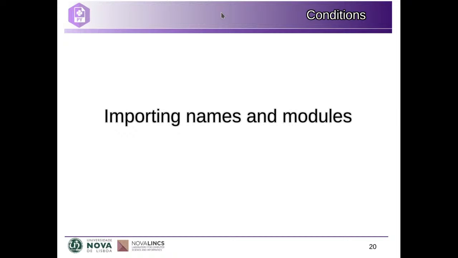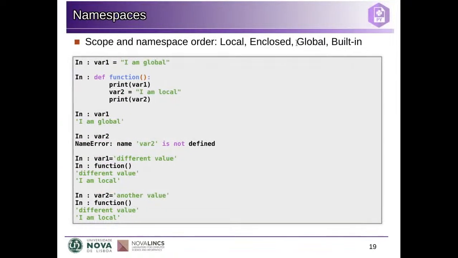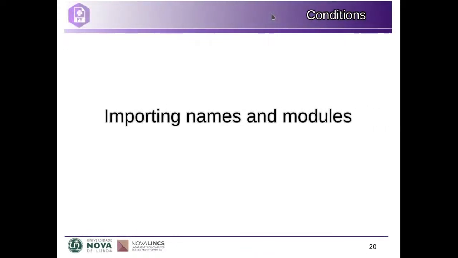Okay, so one thing that we need to do sometimes is to bring names from different namespaces into our own. And this is especially the case between modules. So the global namespace here is either inside the session that you have running or inside a Python file. The Python file, the .py file, is a Python module.